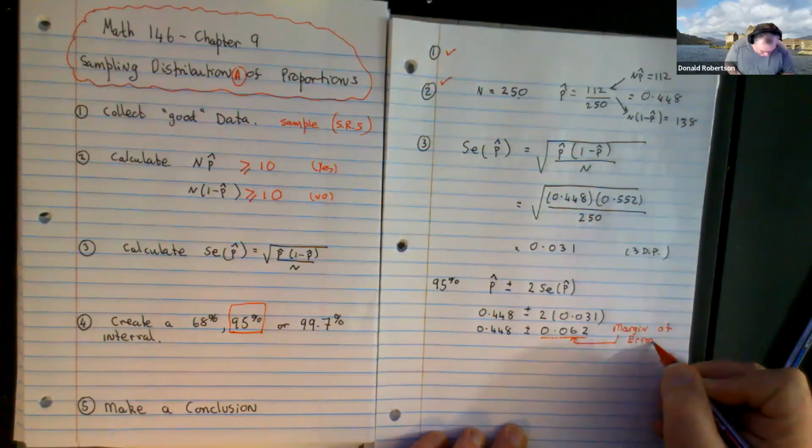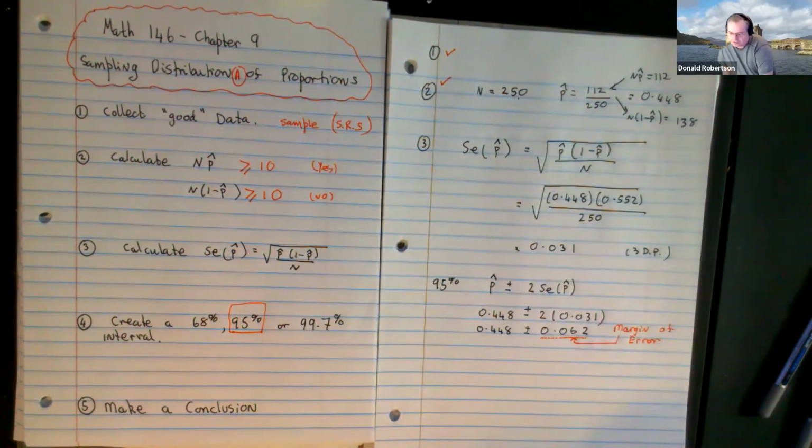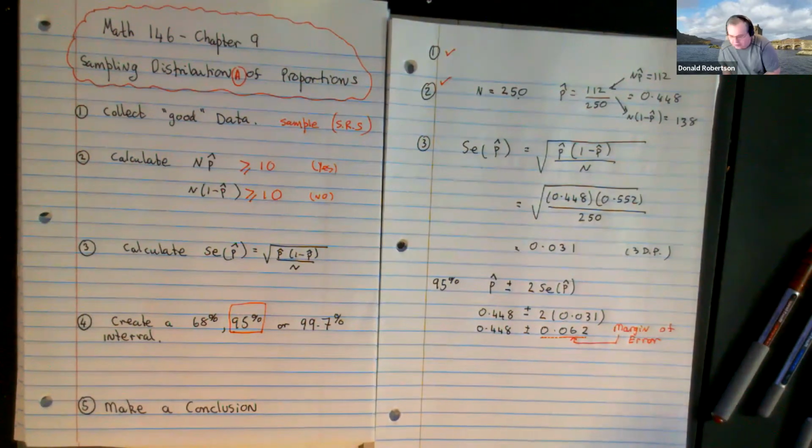If you ever watch a news program and they start talking about surveys and polls, polls just another name for a survey. They should tell you, they don't always, but a lot of the time they do, they should tell you the margin of error. Oh, we've just conducted our latest poll on people's opinion of President Biden, and 42% are in favor of him, think he's doing a good job, and the margin of error is plus or minus 3%.